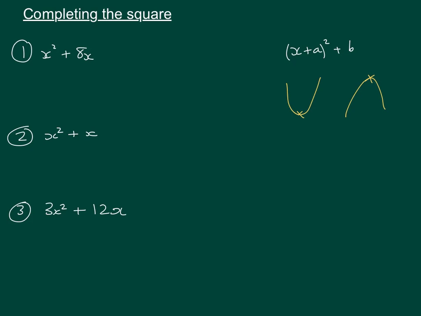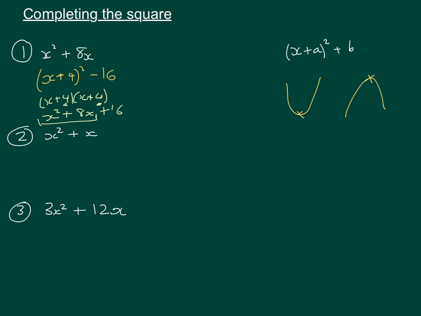How this works is we have to half this term here, so we'll have x plus 4 all squared, and then we'll need to take away the number, because if we were to expand this bracket here, x plus 4 times x plus 4, we would get x squared plus 8x, which is what we want, but we would also get plus 16 when we multiply these two together. So for our answer we need to minus 16.